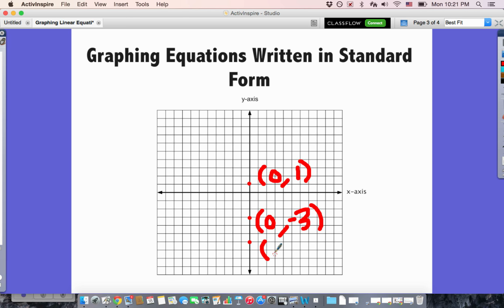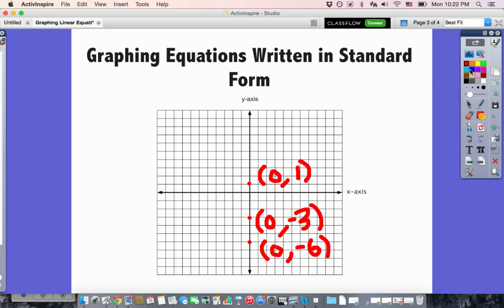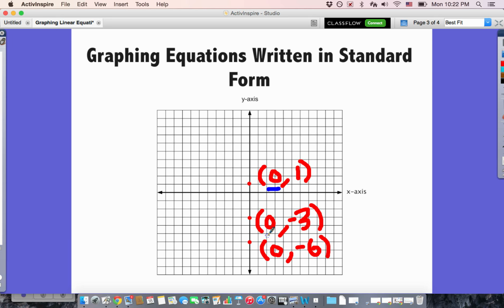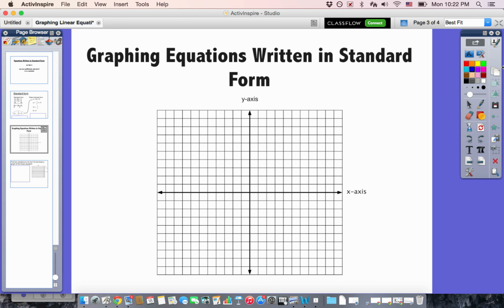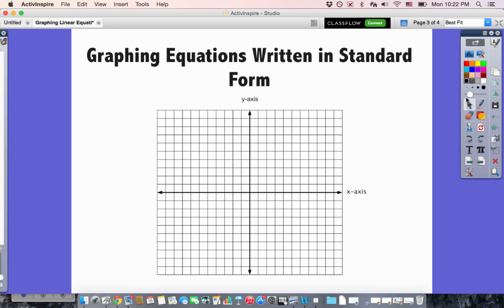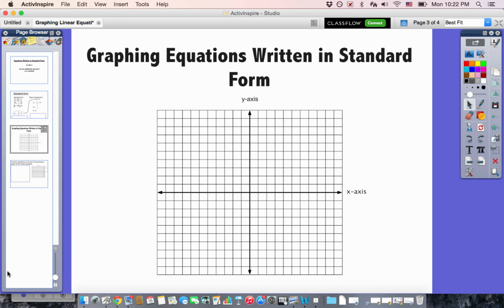It would be 0, negative 6. So what do our points on the y-axis have in common? The points on the y-axis have x-coordinates that are 0. I want you to keep that in mind for when we graph equations written in standard form.